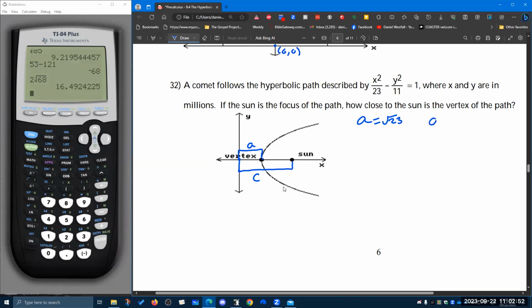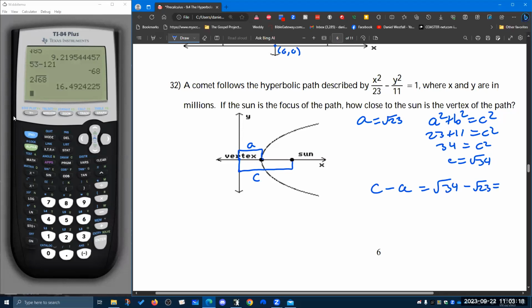And in a hyperbola, A squared plus B squared equals C squared. So 23 plus 11 is C squared, and 34 is C squared. So C is root 34. So we're going to have a big distance of C minus A. For the little distance, it's going to be root 34 minus root 23, which is approximately 1.0 million.